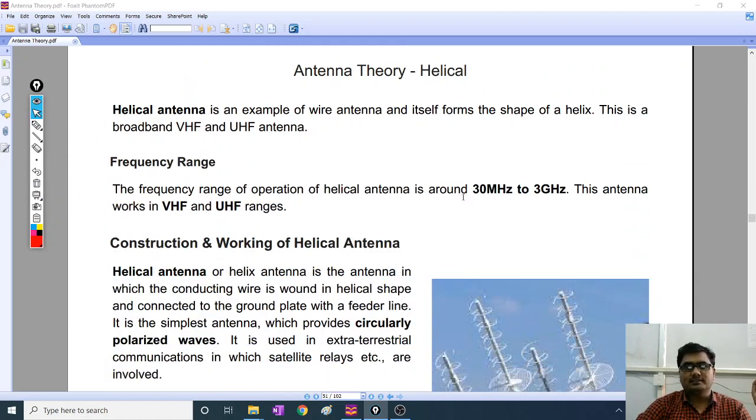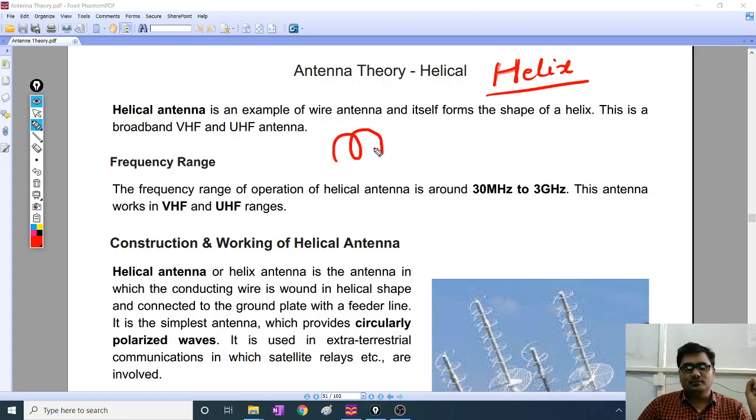Now here we are starting with helical antennas. Now look at this, helical antennas are also referred to as helix. Those are also called as helix, Helix. Have you ever seen a spring in your pen?